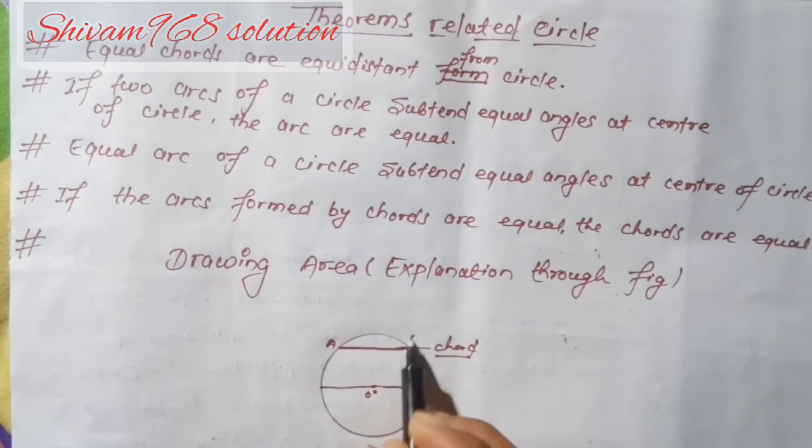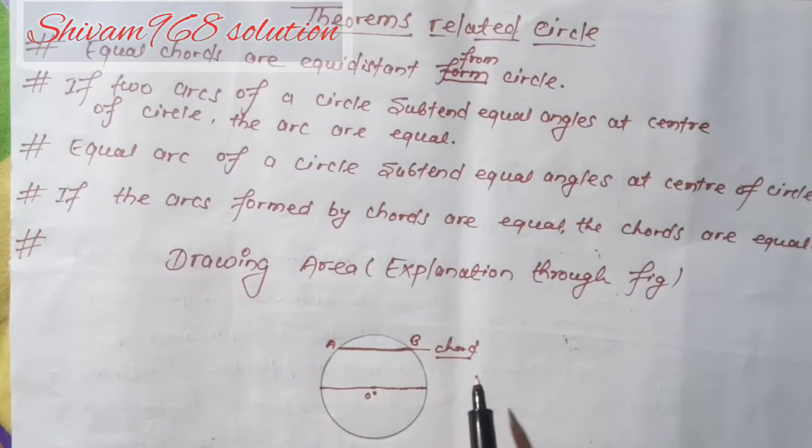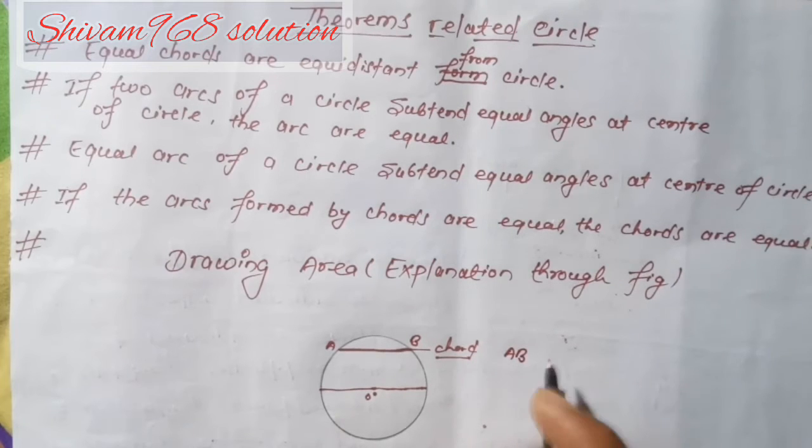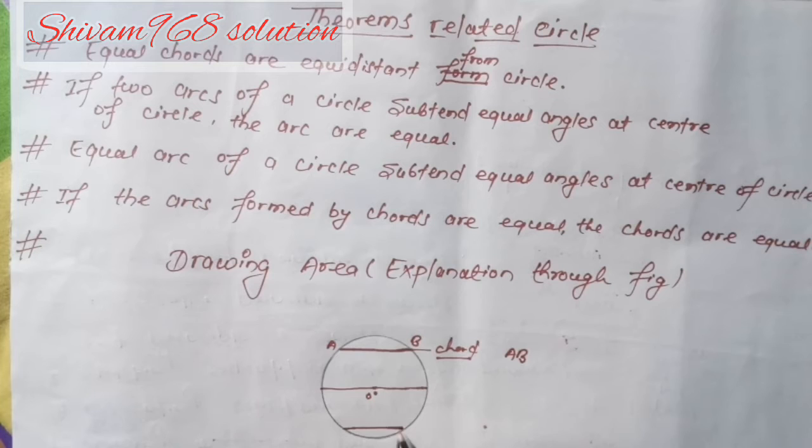We can see here AB is a chord, chord AB. So if AB and CD are equal chords, then they are equidistant from the center of a circle.